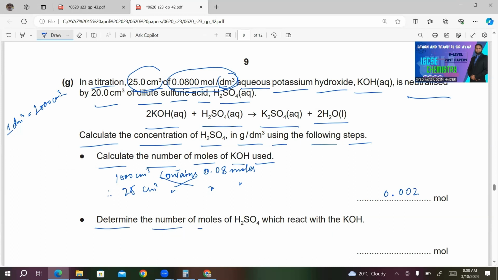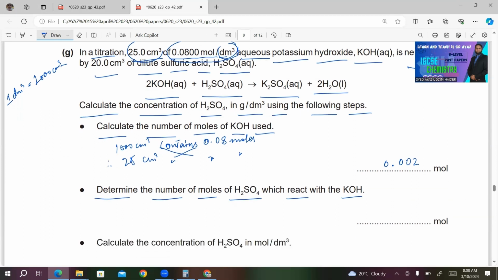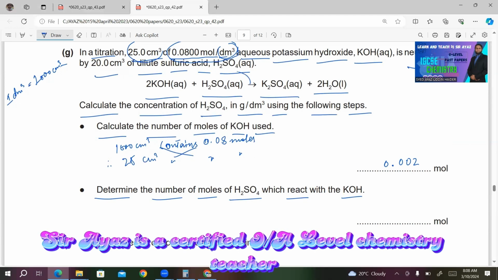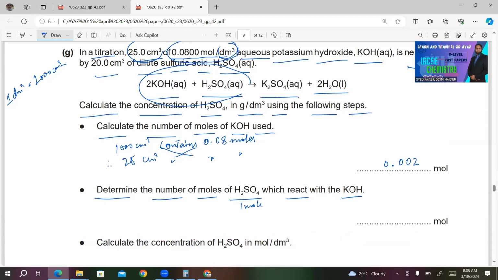Determine the number of moles of H2SO4 which react with the KOH. Now we need to calculate the number of moles of H2SO4 which is reacting with KOH. Here's the relationship. 1 mole of H2SO4 reacts with 2 moles of KOH.